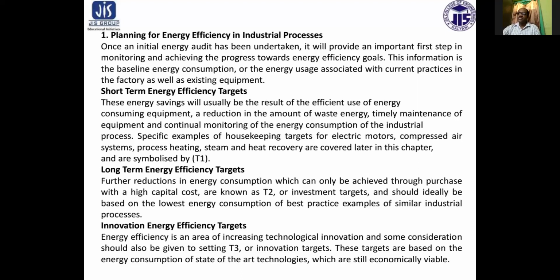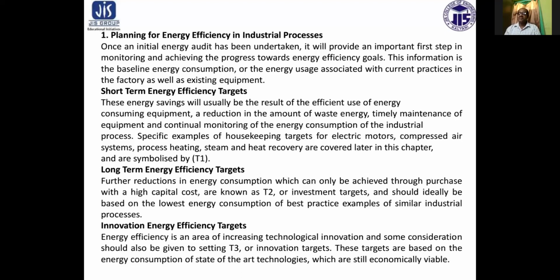Now, next is the innovative energy efficiency target. Energy efficiency is an area of increasing technology innovation, and some consideration should also be given to setting T3 or innovation targets.